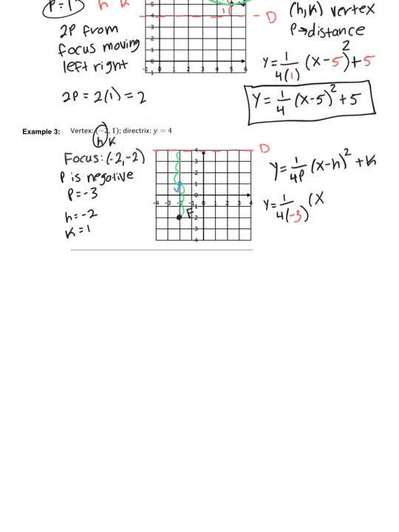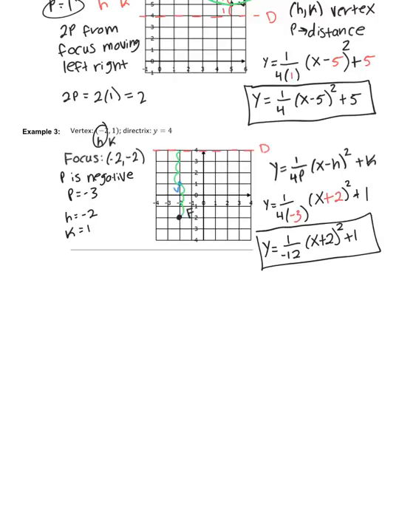Remember that x lies. So since I have a negative 2 as my h, when it goes in my equation, it's going to turn into a plus 2. And then k is going to stay the same. Okay, and then I'm just going to simplify everything. And that is my equation.